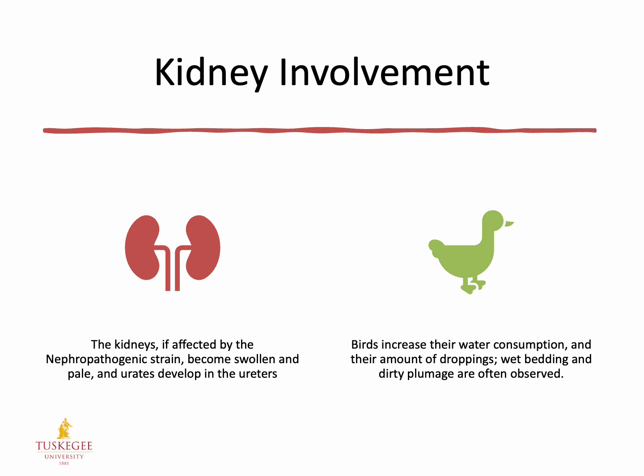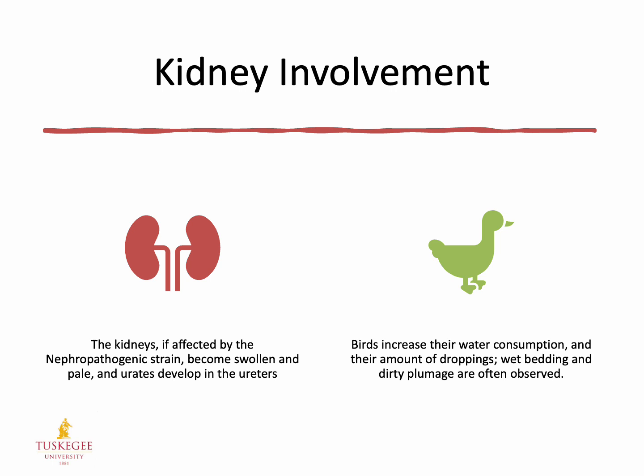So if we remember, I said earlier in this lecture that there can also be kidney involvement of infectious bronchitis, where the virus can migrate from the epithelium of the nasal turbinates or the trachea down to the epithelium of the renal tubules and the kidneys. It's common to the nephropathogenic strain.